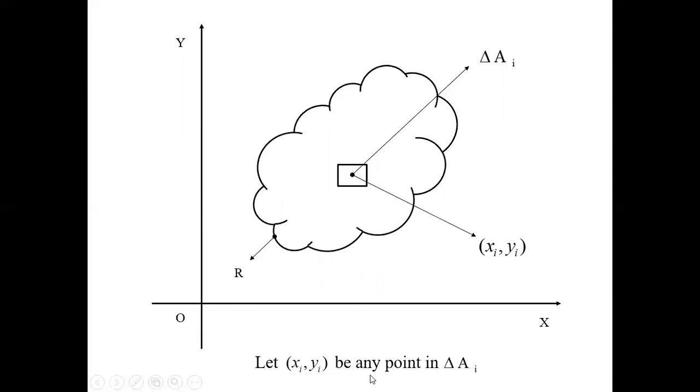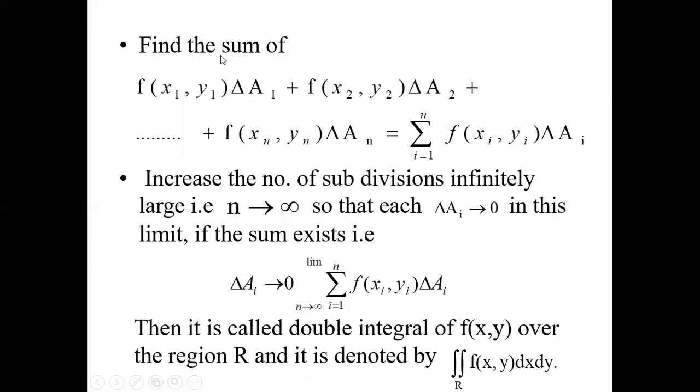Let xi, yi be any point in delta Ai. Again, we have taken a point xi, yi in this elemental area delta Ai. Then find the sum f of x1, y1 delta A1 plus f of x2, y2 delta A2 plus, and so on. These are the functional values at the point x1, y1, and this is the elemental area at that point.